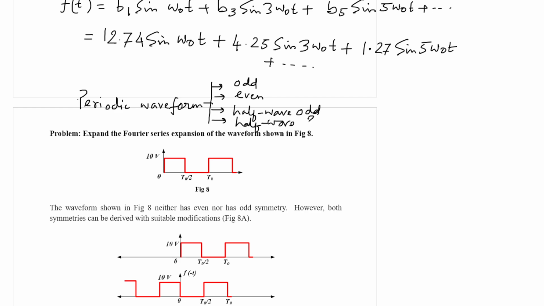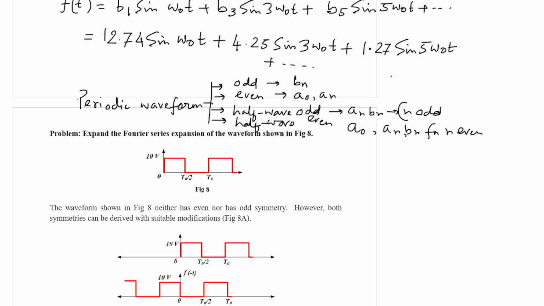We have also understood that for odd, Bn will be existing, for even only A0 and An will be existing, for half wave odd An and Bn will be existing for n odd, and for half wave even A0 will be existing, An and Bn will be existing for n even. So we have already seen these aspects.